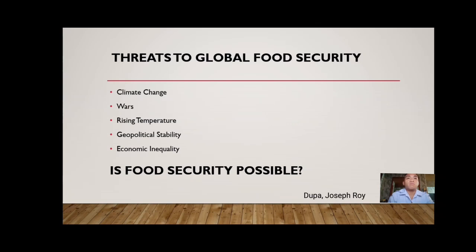Furthermore, global supply system vulnerabilities exposed during the COVID-19 pandemic, for example, demonstrate how disruptions in transportation, labor, and trade can quickly lead to food shortages in certain areas.